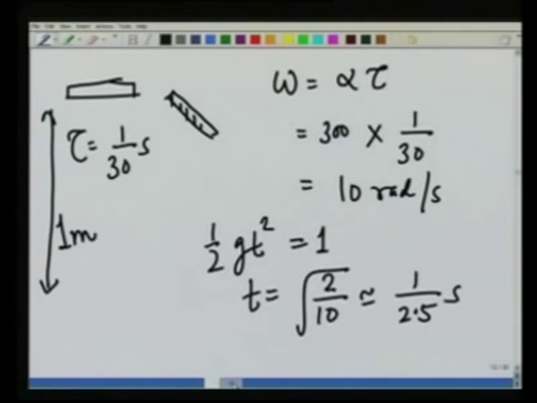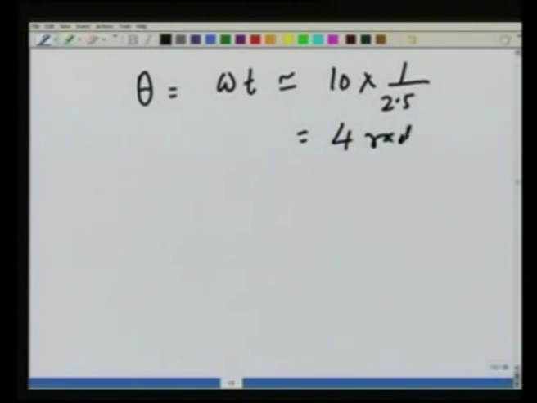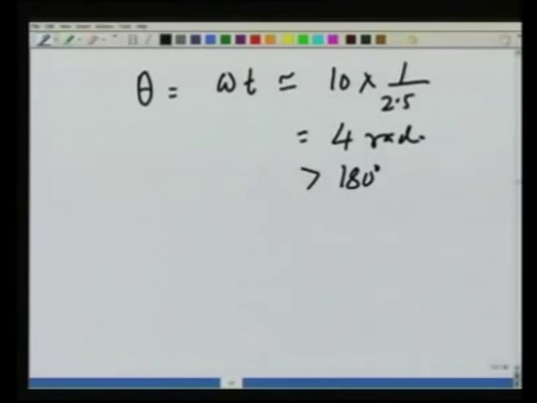And therefore, you see that the angle by the time it comes down would be equal to omega times t, which is 10 times 1 over 2.5, which is 4 radians. That is slightly greater than 180 degrees. So, that is roughly the angle through which the book rotates, and you see it drops the other way. This is an interesting problem where we applied the ideas learnt so far.